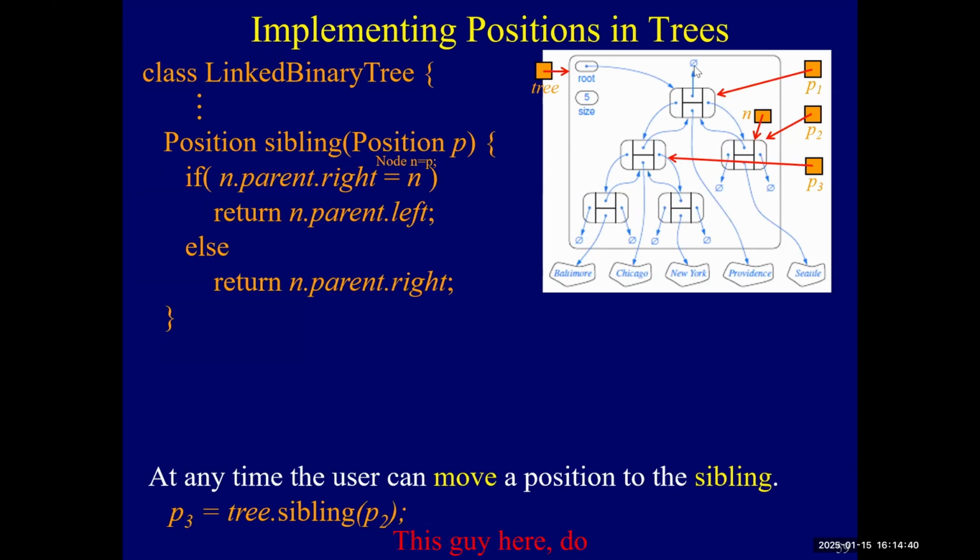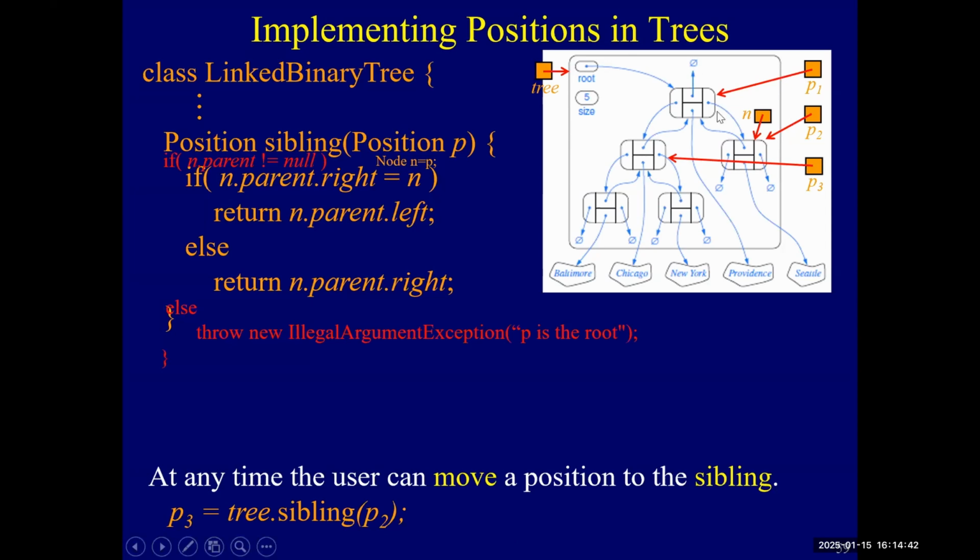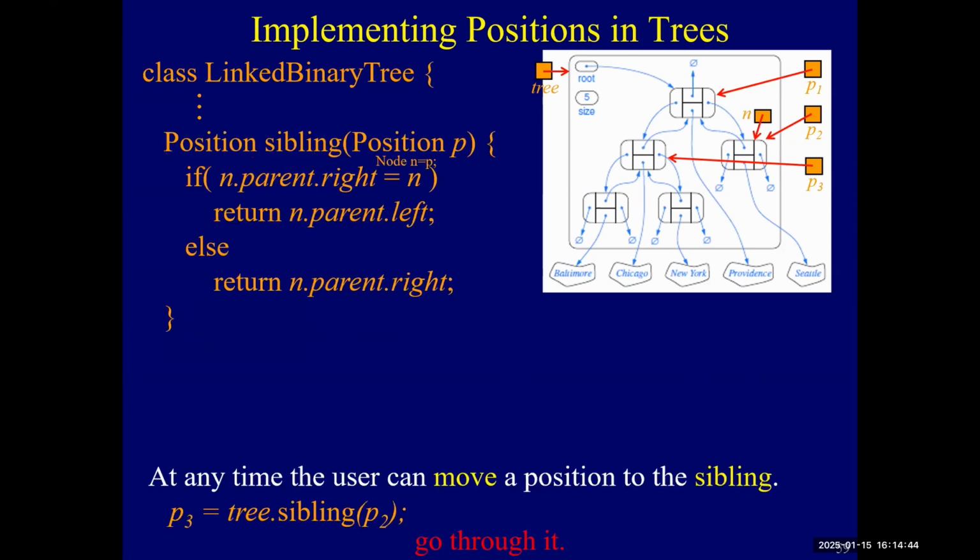So here, I'm here. This is N. N dot parent is up here, right? N dot parent dot right is here, right? And is that me? Yes, it is. It is me.